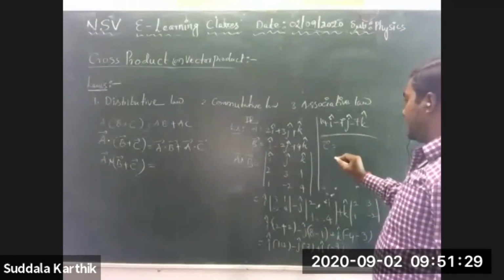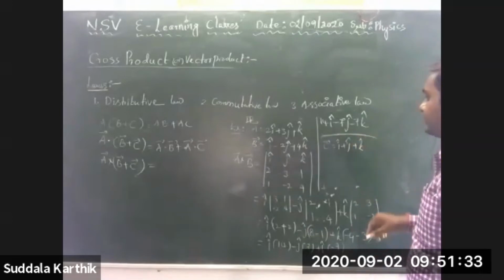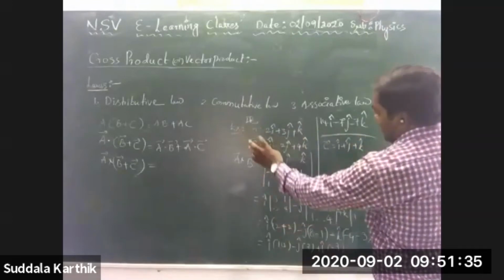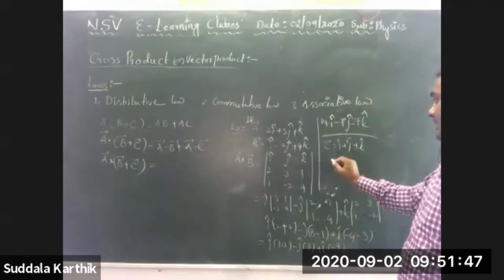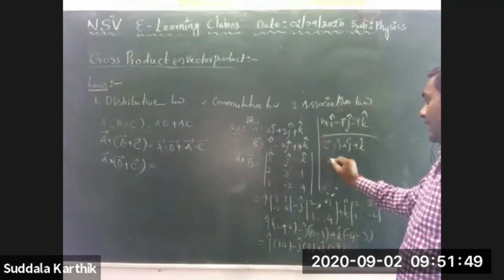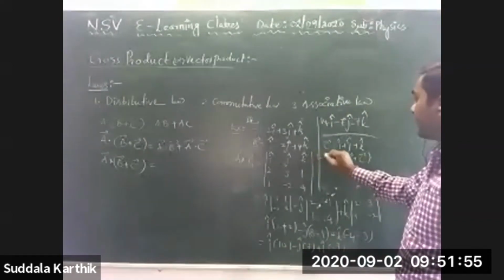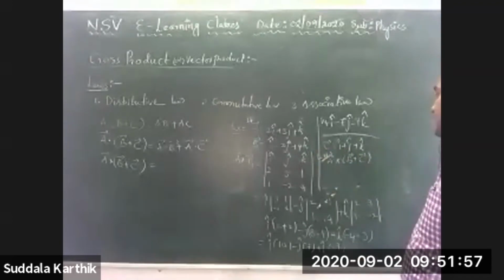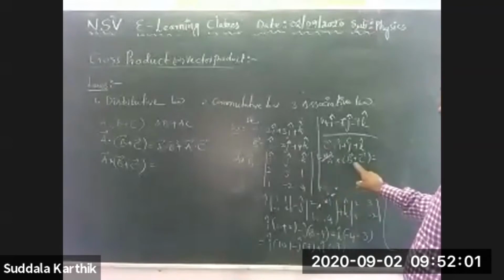Suppose I cap plus J cap plus K cap. 3 vectors are there: A bar, B bar, and C bar. So among those 3 vectors, A bar cross (B bar plus C bar) is the LHS. I am finding the LHS part.